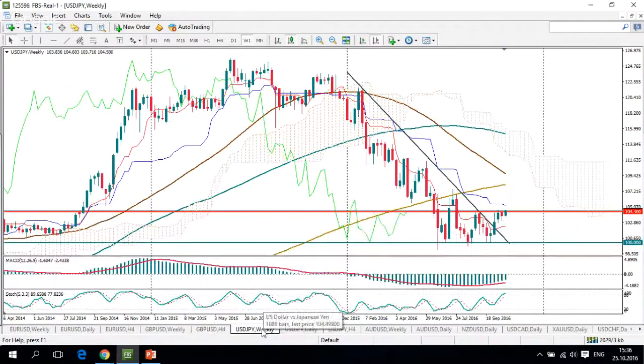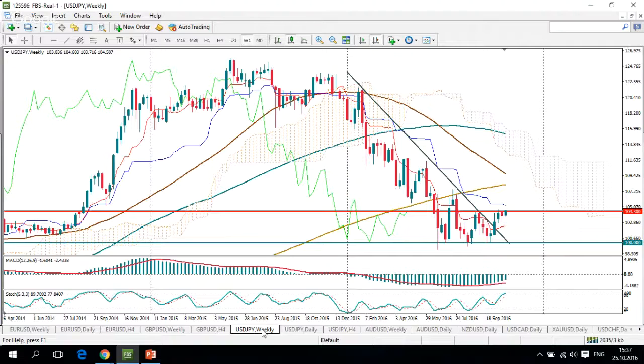Dollar yen, the currency pair is trying to get higher. The overall strength of the US dollar is reflected on this pair. The bulls are currently trying to take out the resistance at 104.30.